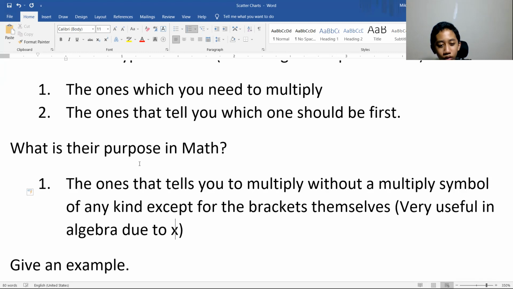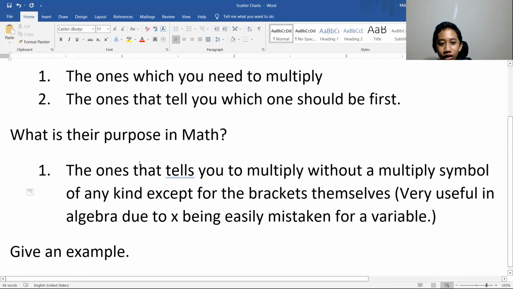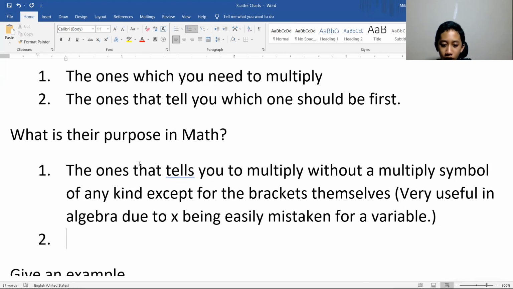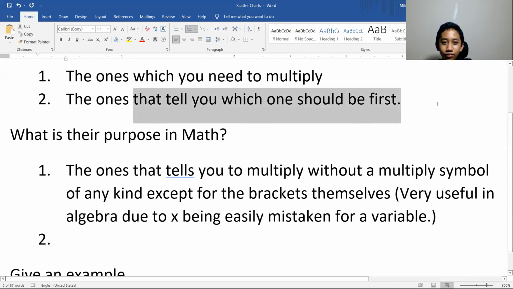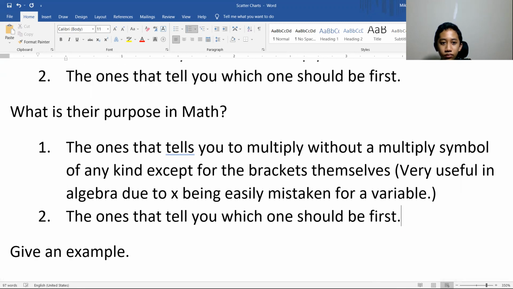And then the next one, which I'll just copy from here because it is the exact same thing.